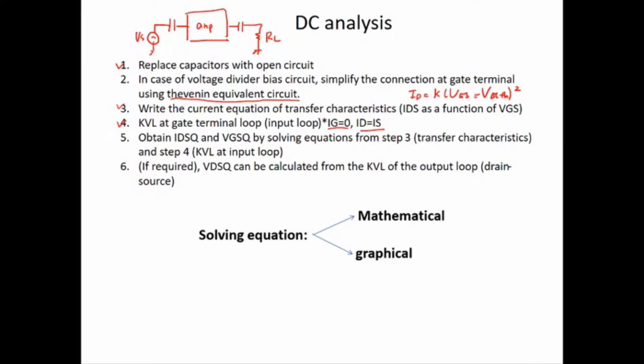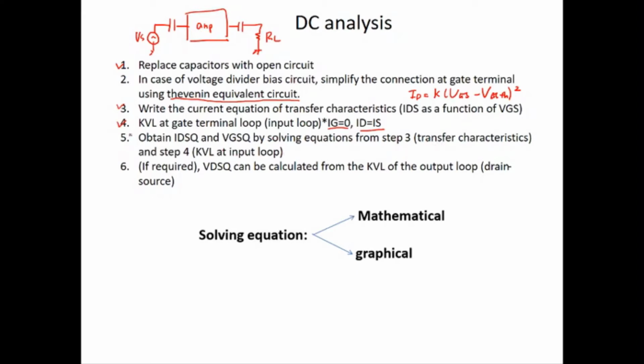The first equation is the transfer characteristic, and the second equation is the derivation of the KVL. At the next step, you can solve for ID and VGS by solving the equations from step 3 and step 4. Remember, step 3 is the equation of the transfer characteristic, and step 4 is the equation from the KVL at the input loop.